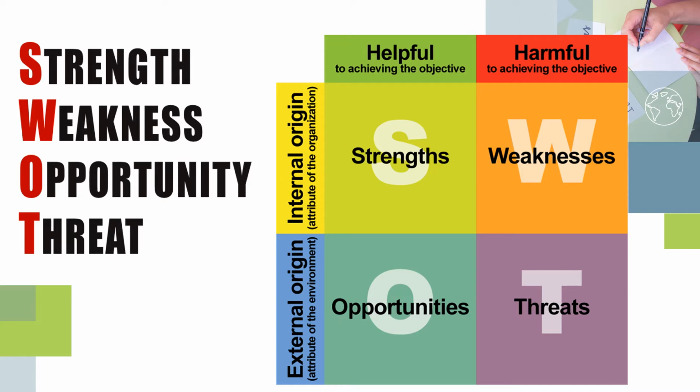So the top row, the S and the W, are attributes of the organization. These are internal. Think of it personally, like these are the characteristics of the business, right? On the strength side are the things that the business does really well, and these things are helpful for them achieving their objective.